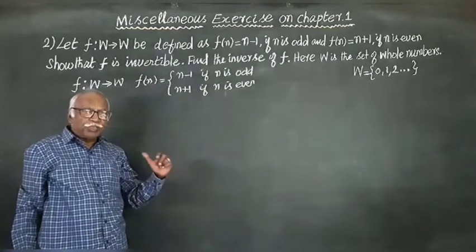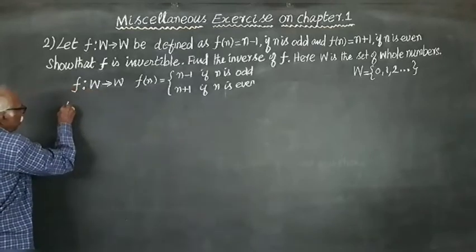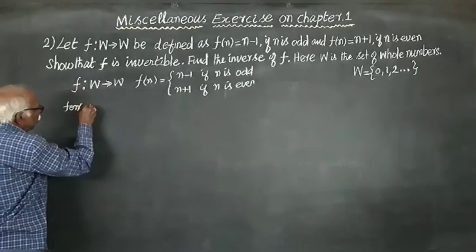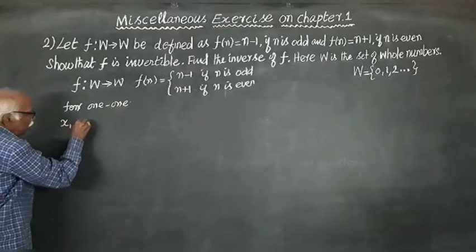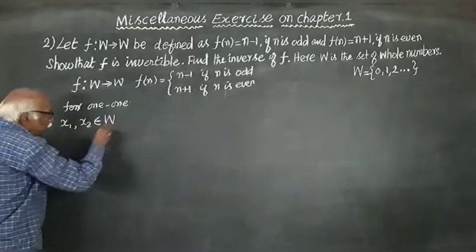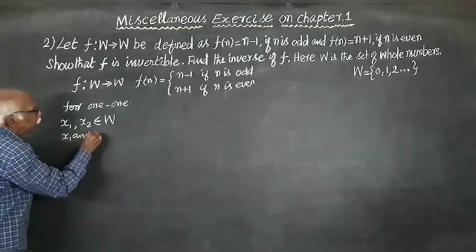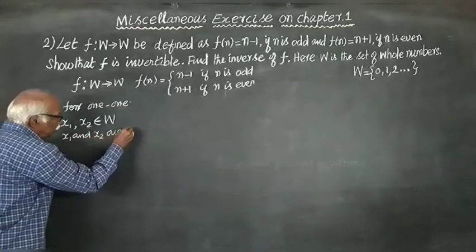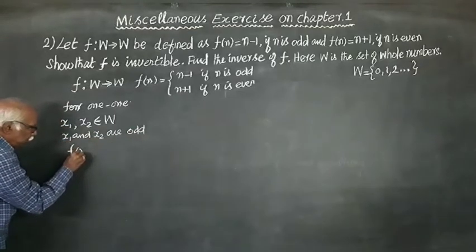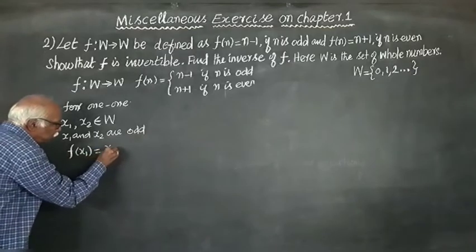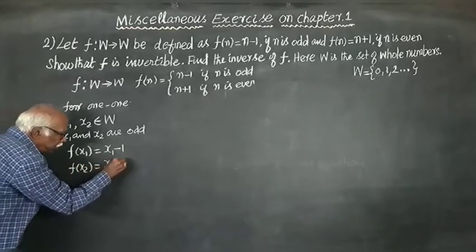To prove f is bijective, we have to prove that f is one-one and onto. First we will prove one-one. Let x1, x2 belong to W. Case 1: both x1 and x2 are odd. f of x1 equal to x1 minus 1, f of x2 equal to x2 minus 1.